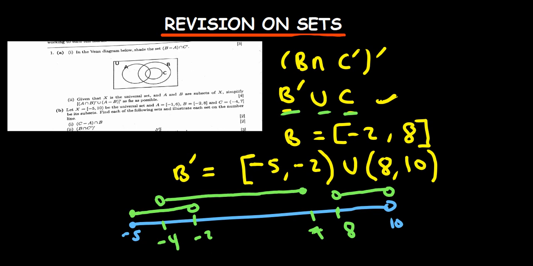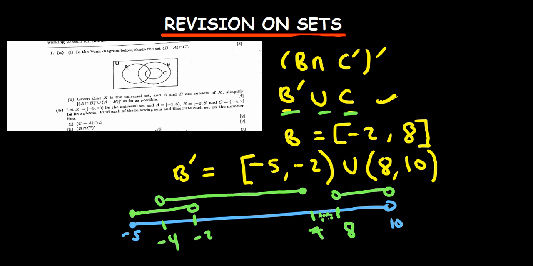Remember here in between, there are values here, 7 point something, going up to there. They are not in any of the two sets, so we cannot put them in our union.